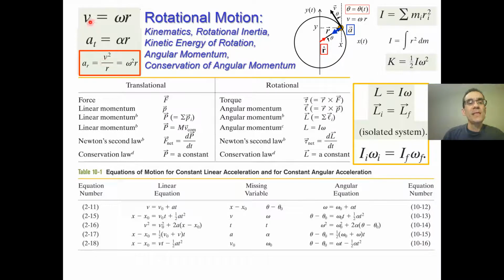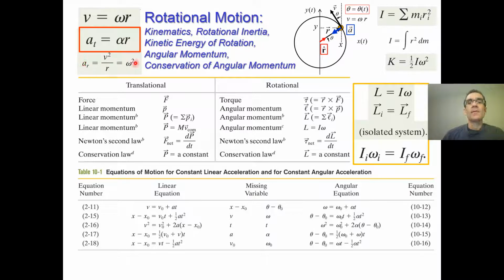If you plug in v equals omega r here, you can see that another expression for the centripetal acceleration is omega squared r. So this is another expression that is important when we are studying rotations.